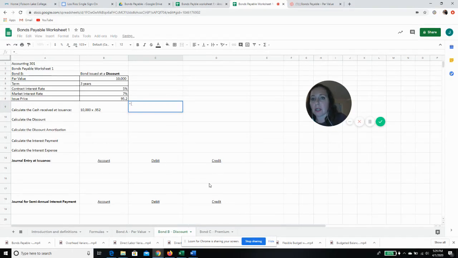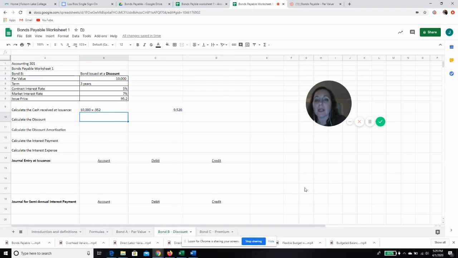When I do the calculation, I know I am issuing this bond for $9,520. The par value is $10,000. When it retires, the bondholder will get $10,000, but they're only going to pay us $9,520 for it.